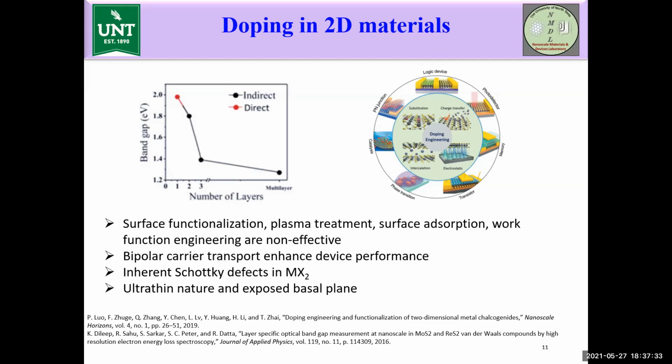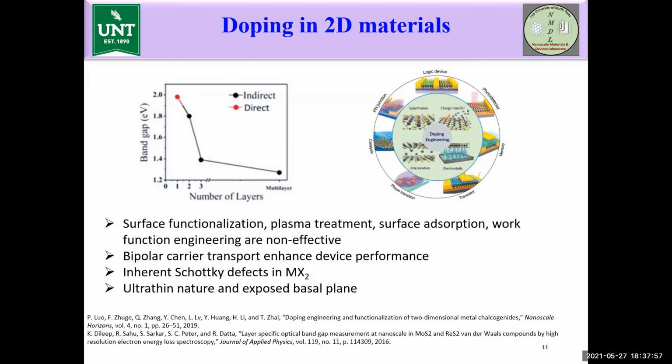As you can see, the band gap in MoS2 changes in both magnitude and type with the number of layers. As you see in the figure, there is a transition from indirect to direct band gap as we move up in the number of layers.